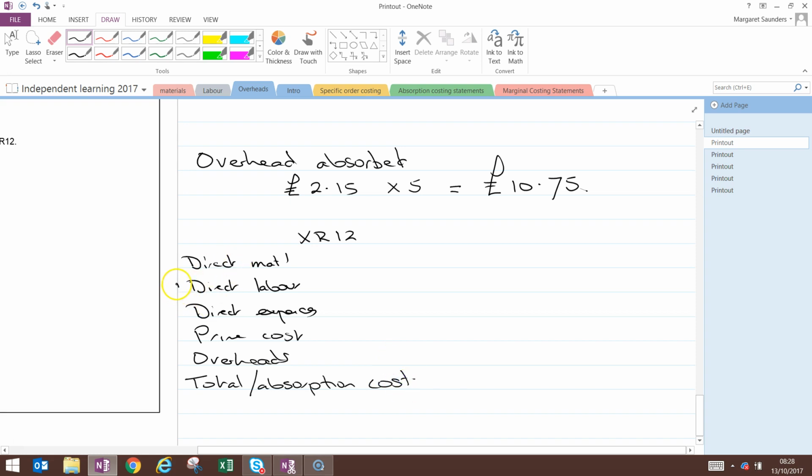So direct material plus direct labour plus direct expenses equals prime cost plus the overheads equals the total absorption cost. So what we know for 1 unit is how much we would add in overheads.